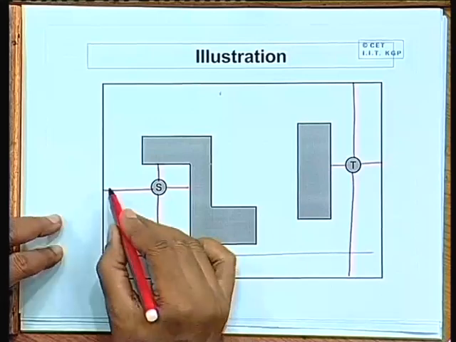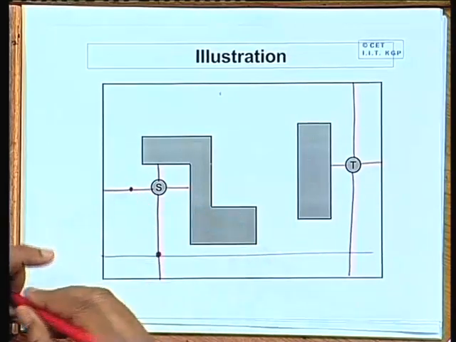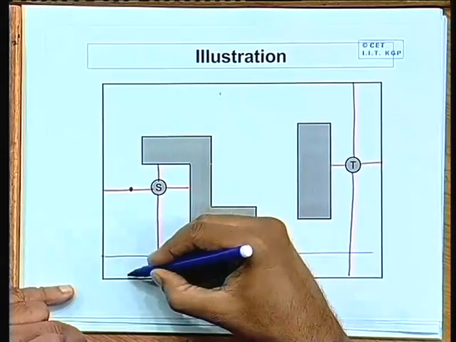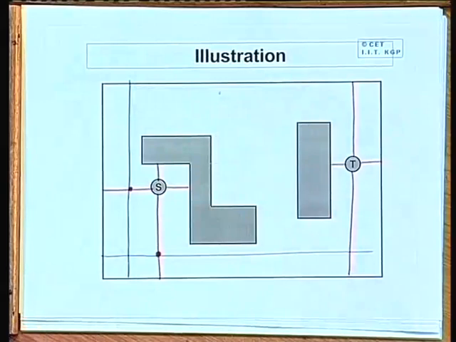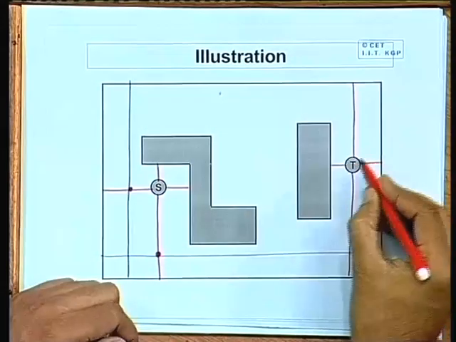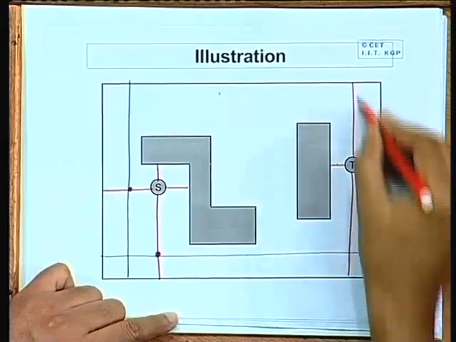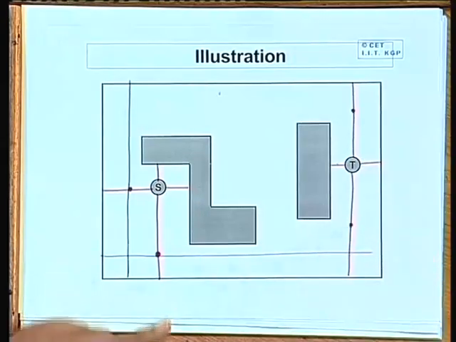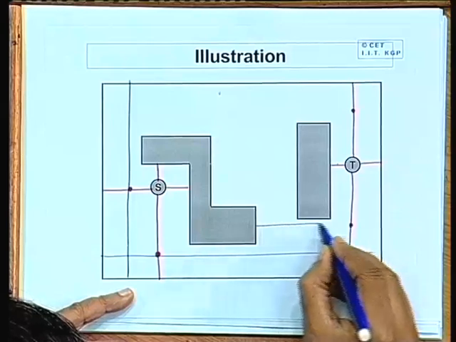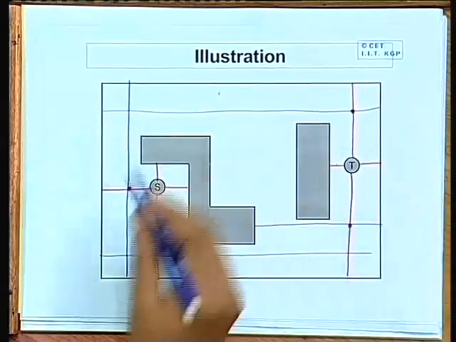Similarly, for this trial line, the escape point will be here, where you can come out of the obstacle. Similarly, for this obstacle, the escape points for this line will be here and here. So there will be one trial line like this, another trial line like this.